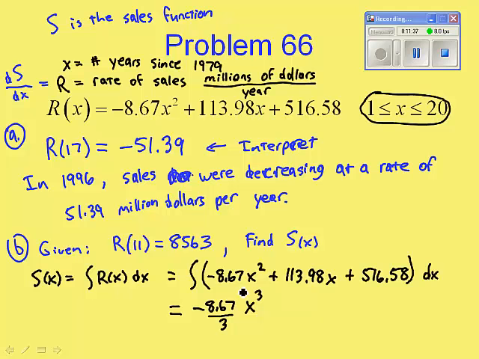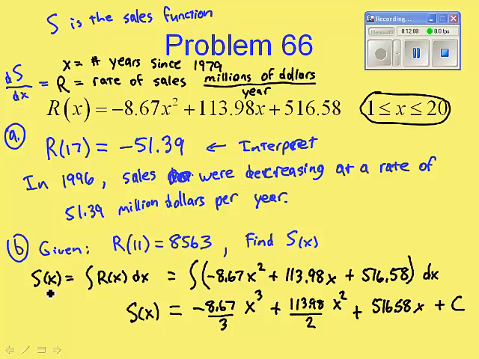Is that okay? Plus, what's next? Yep, it's going to be x squared, 113.98, and then I'm going to have to divide by 2. And then I'm going to have 516.58 x, plus c. Okay? So this is S of x.